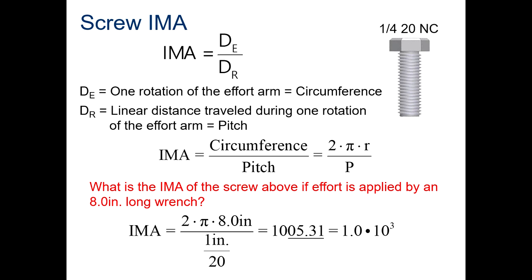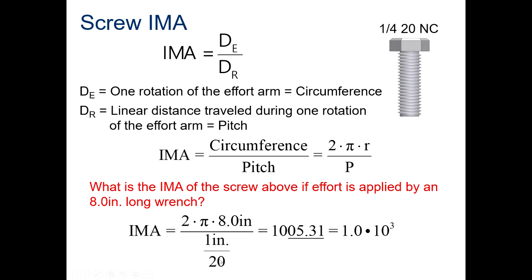So that's going to be 2 times pi times 8 inches divided by 1 over 20. Okay, this is a 1/4 inch screw. It's a non-coarse 20 pitch. So that's where we get 1/20. There's 20 of these threads in 1 inch. So if we counted up 1 inch, there'd be 20 threads.